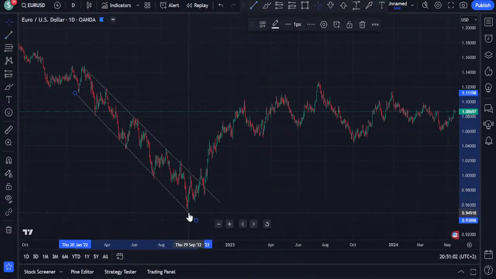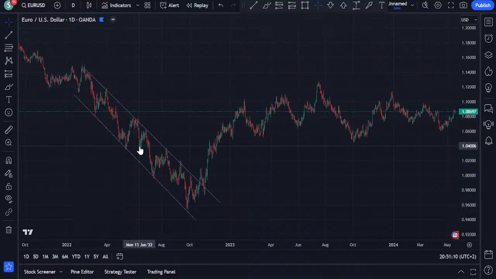Not super precise, but okay. We've got these two lines, and price follows this. Some people may call it a channel.